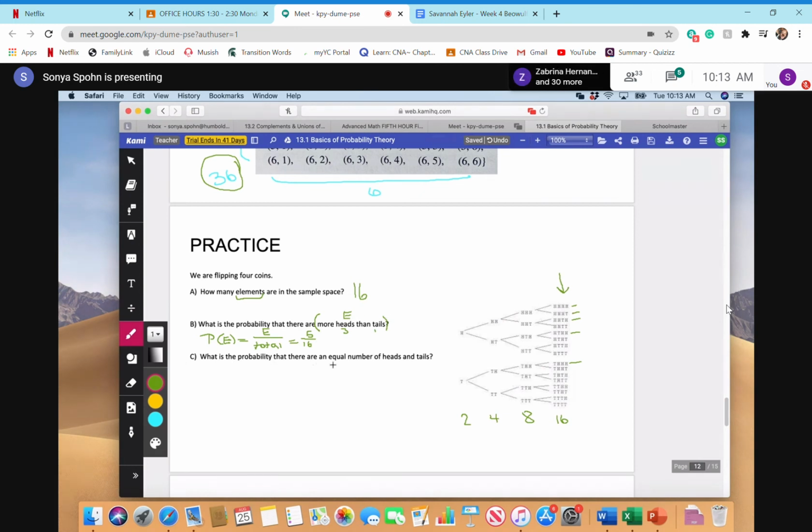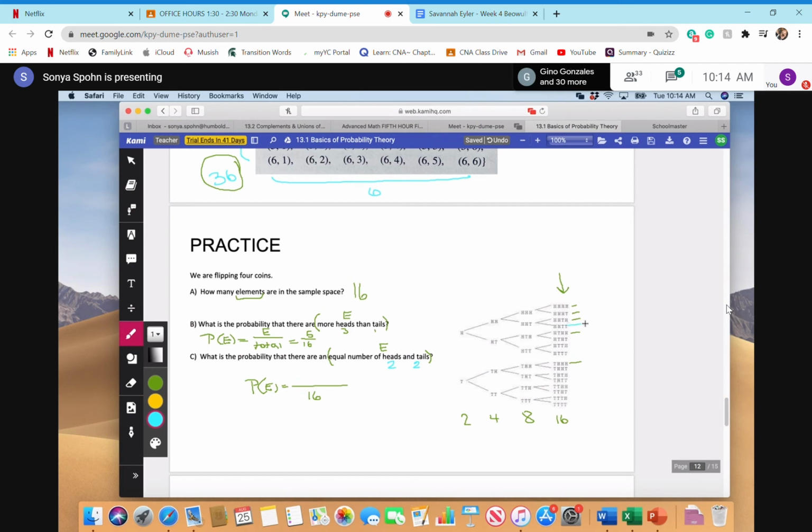C says what's the probability that there are an equal number of heads and tails. This is our event. When we do the probability of an equal number of heads and tails, we're going to do the number with an equal number of heads and tails over the total. How many have an equal number of heads and tails? That means 2 heads and 2 tails, right? That's an equal number of heads and tails.